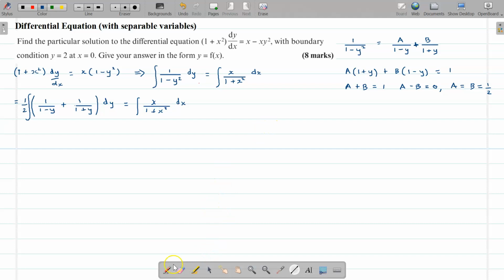Now at the next step we will go through and integrate throughout. We have this common factor of a half.